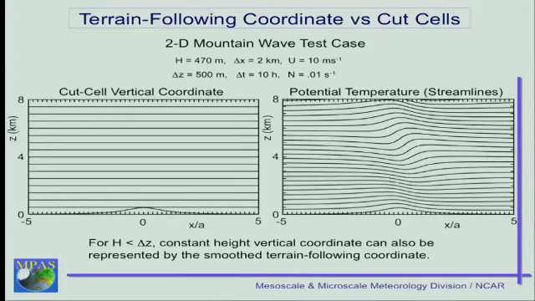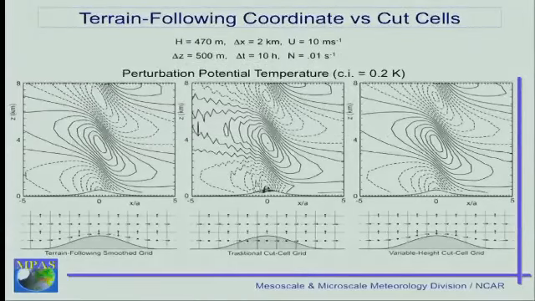Okay. So what happens if I actually use my code with the smooth coordinates for that case? I get a nice solution. This is perturbation potential temperature, and it looks pretty reasonable.